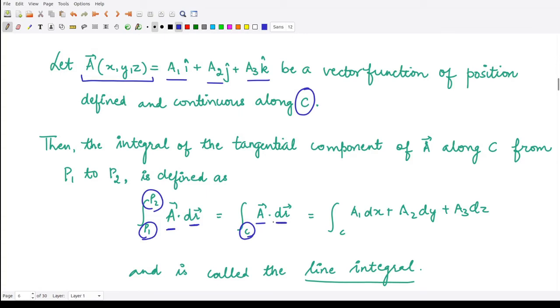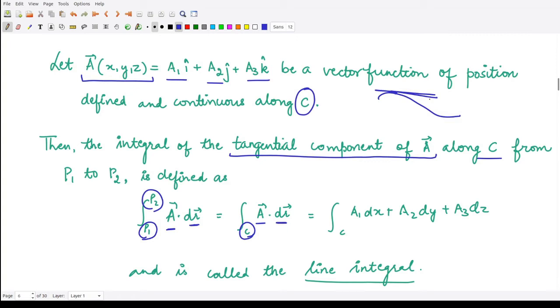Now you might be thinking, why are we taking this dot product of a with dr? The vector given to you is this vector a, and you want to calculate the tangential component of this vector along C. If you are given this curve, suppose at this point this direction is the tangent to the given curve.